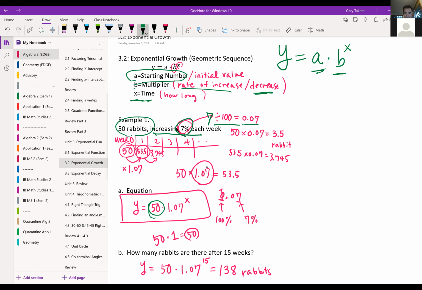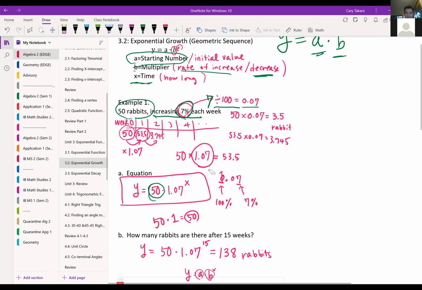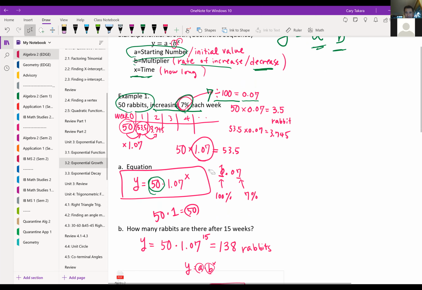But you need to also add 1 to it. You need to add 1 in front of it, because you don't want to just have 7% of the rabbits, right? You want to keep all the other 50 rabbits from last week and 7% more.